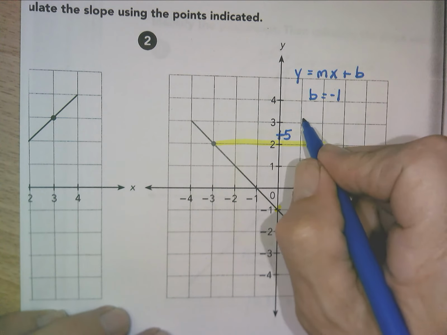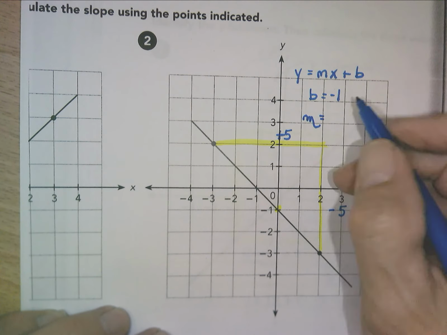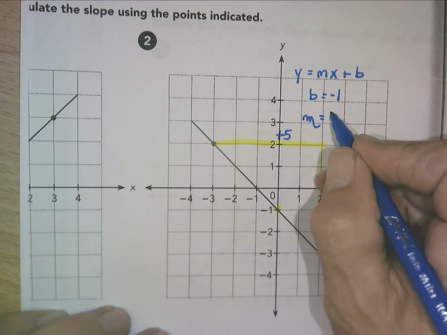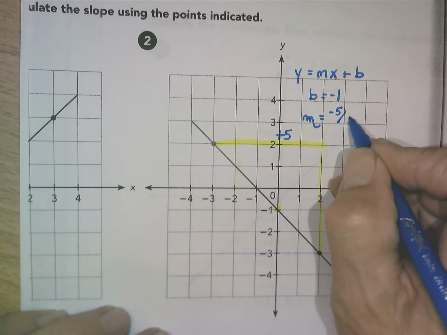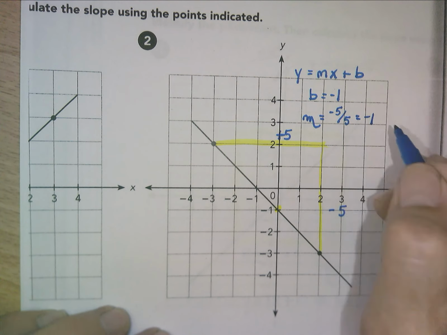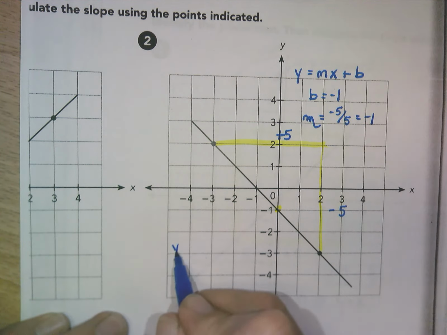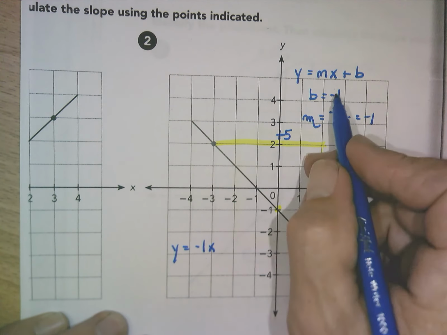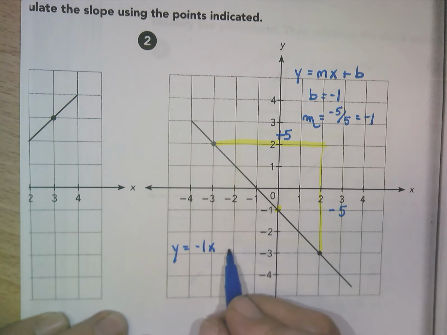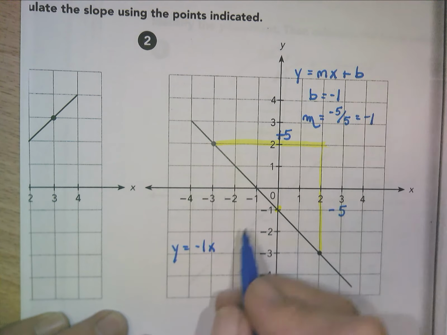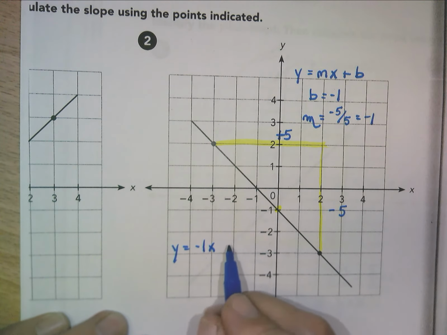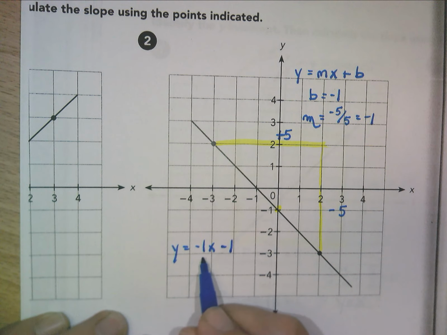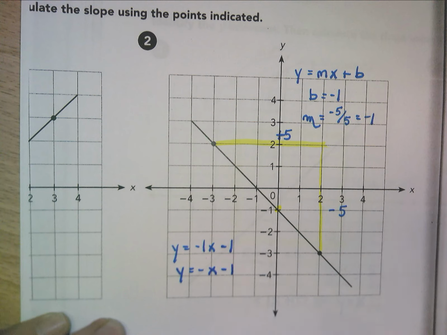So my slope is equal to rise over run, which is -1. So my equation is going to be y equals -1x, slope times x, and then -1 is b. So instead of writing plus -1, I'll just put minus 1, because adding a negative is the same as subtracting. And I don't usually put the -1 coefficient. y equals -x minus 1.